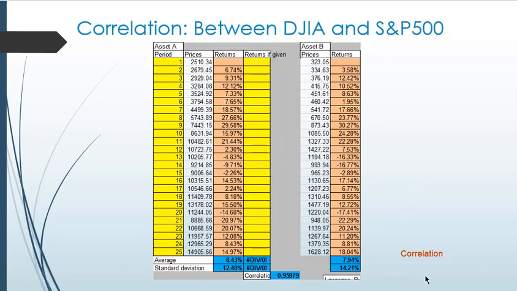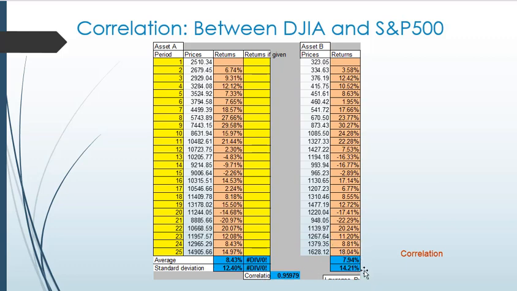There's a spreadsheet for calculating correlation. With this one you input the prices, and it calculates the returns on the investment. Here for asset A, here are the returns we have. The average rate of return is 8.43, and the standard deviation is 12.4. On the other side, for asset B, here are the prices, and here are the returns for these particular periods.